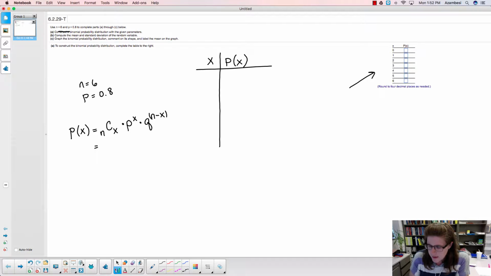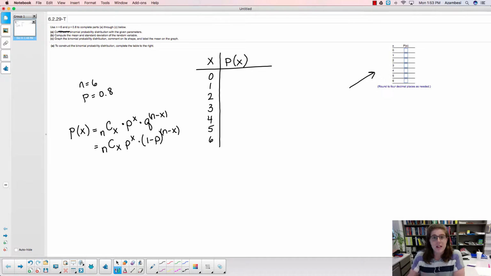So you could see this in alternate form. Either way, it works the same way. So x is your number of successes. And we're going to go through and calculate the binomial probability of each one of these successes here to make the table.